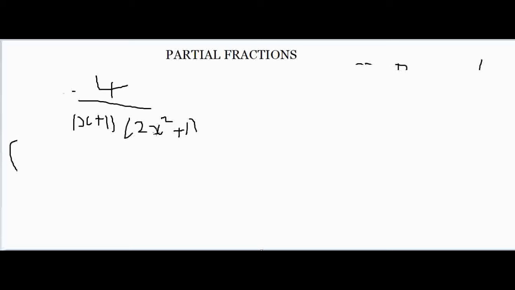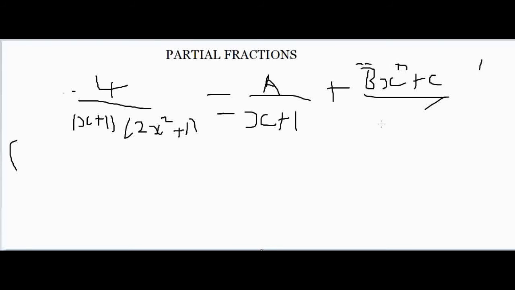Of course, this is a quadratic because it's to the squared. So firstly we'll have the a over x plus 1, as usual. But now, since the other one is quadratic, what we'll have is bx plus c, all over 2x squared plus 1.